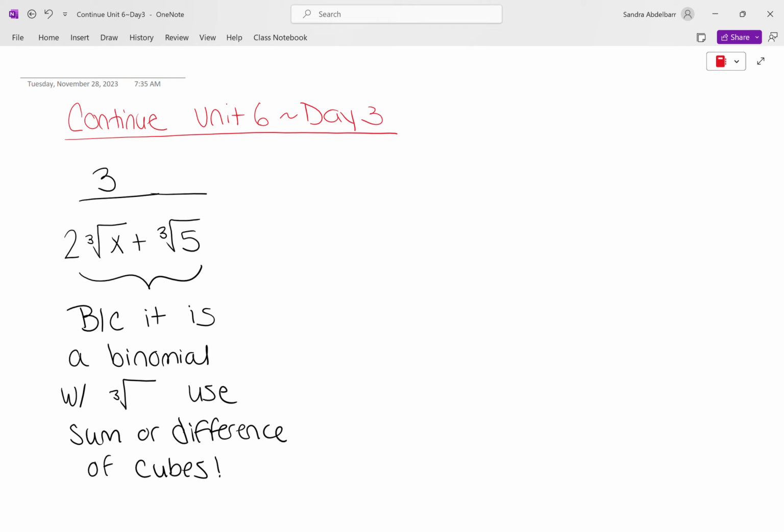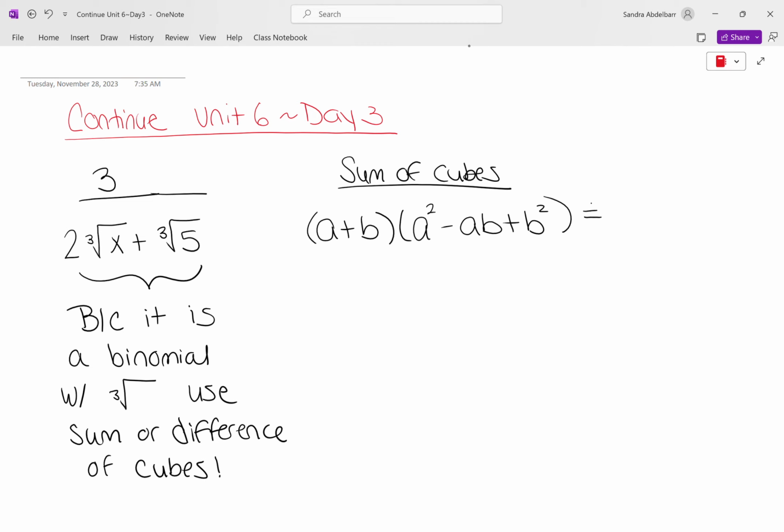So let's just recap the sum or difference of cubes. Let's talk about the sum of cubes. The sum of cubes tells us if I multiply a plus b times a squared minus ab plus b squared, we end up with a cubed plus b cubed.